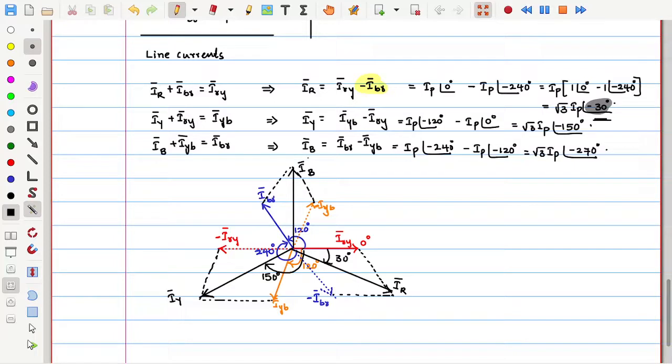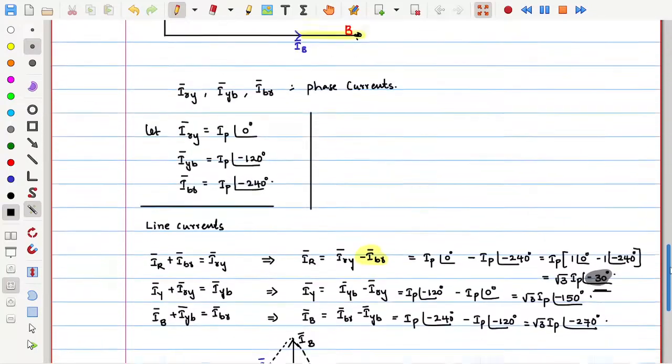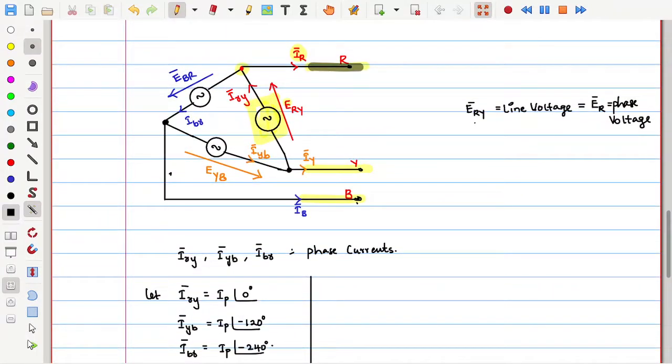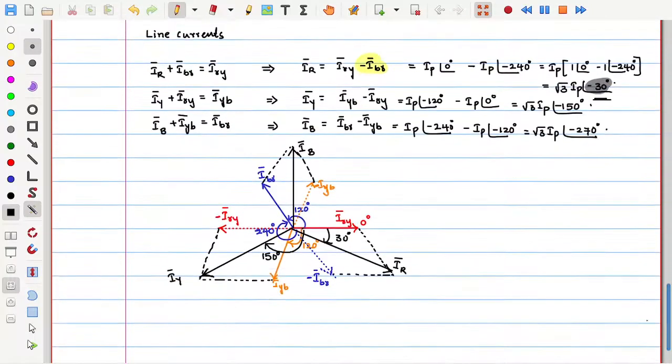So in this way you can get all the phase and line current relationships. Because the phase voltage is equal to the line voltage, you need not worry much about the voltages in the case of delta connection. But getting the line and phase current relationship, even in the phasor diagram, is very important.